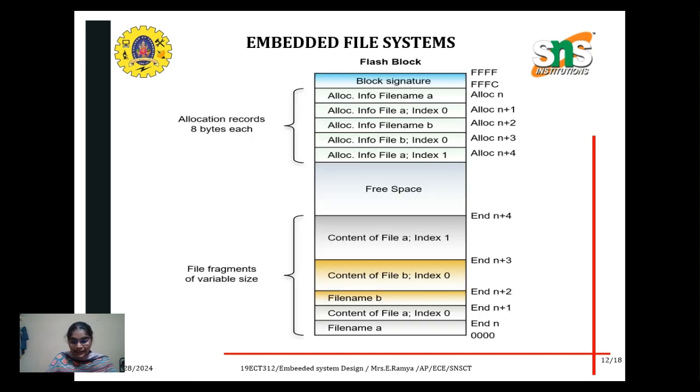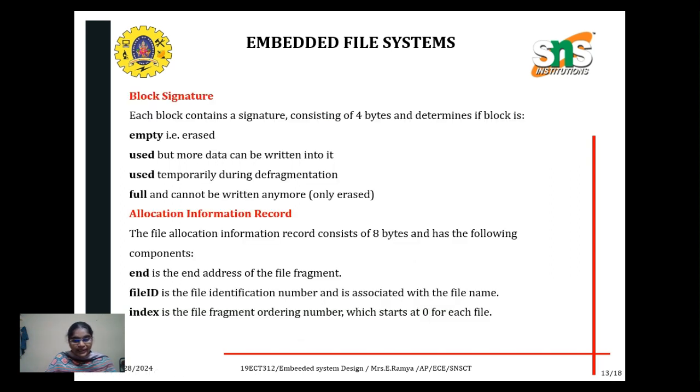In this diagram, we can see file allocation information and file fragments of variable size. There's a block, with block signature, free space and file allocation information given here. So next we have to concentrate on the different terms, that is block signature.